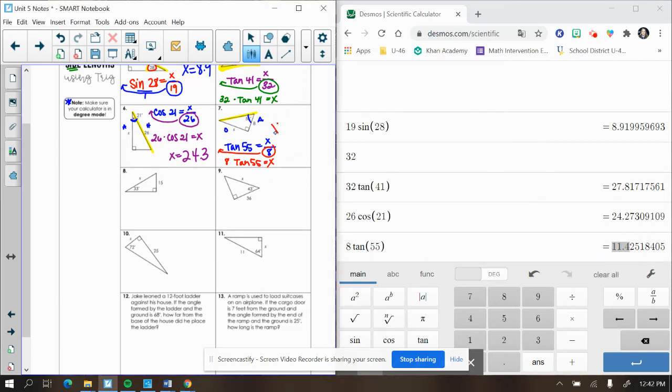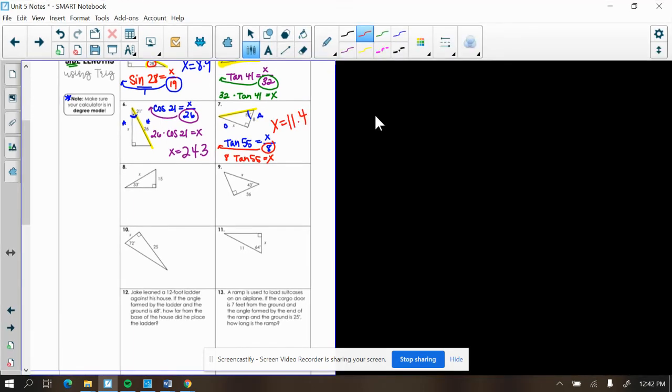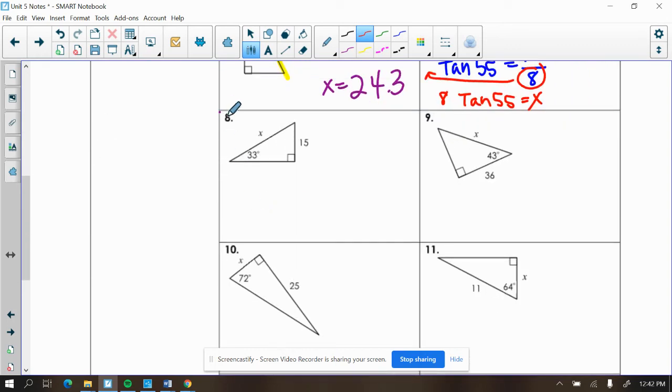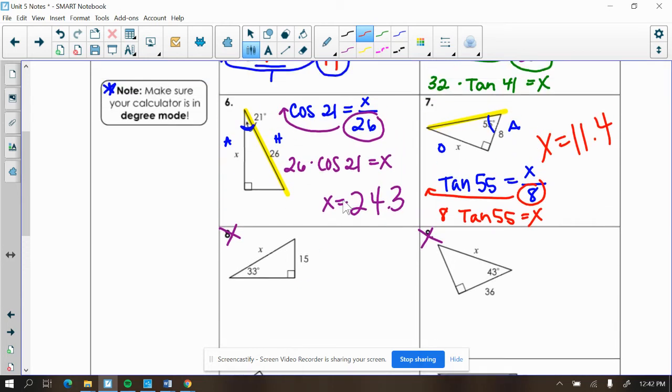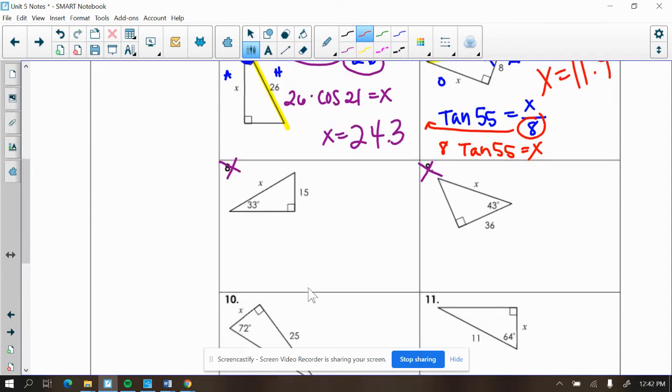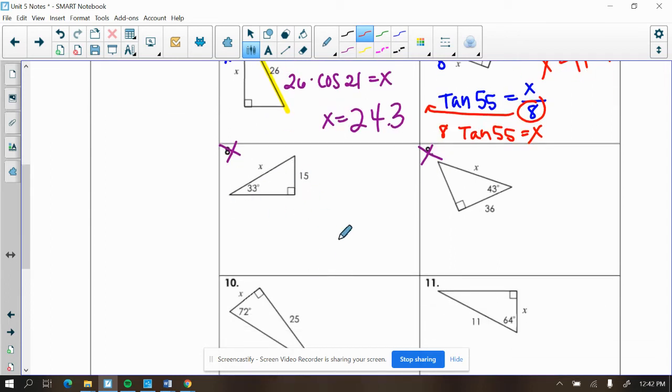So x equals 11.4. Okay, we are not going to do problems like number 8 and number 9 because those are a little bit more tricky to solve once we get to this part. You could set those up if you would like, if you want to take some time to pause the video and set those up, that's totally fine, but we are not going to test you on ones like that.